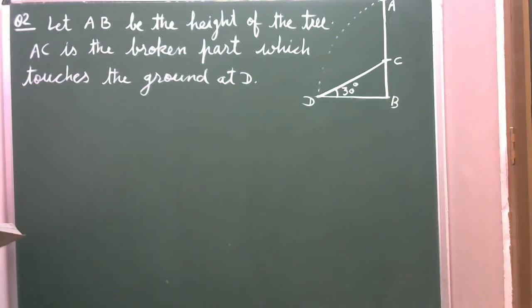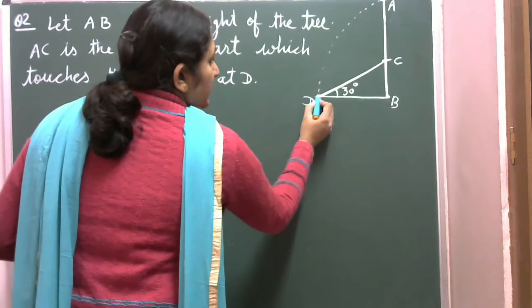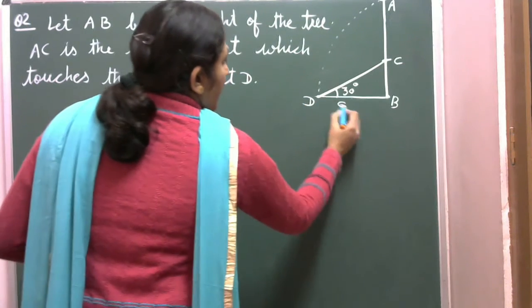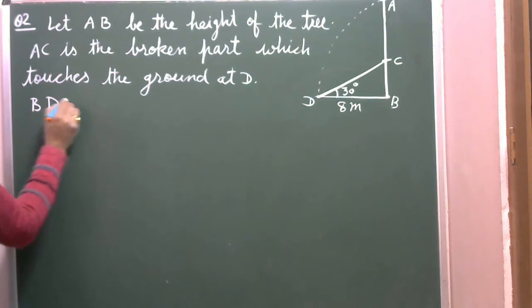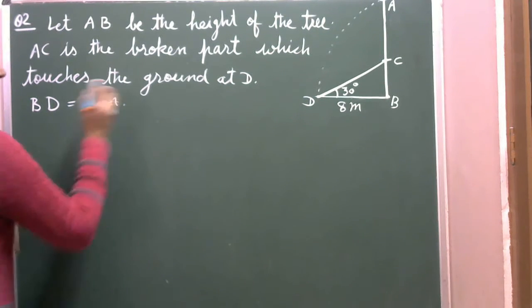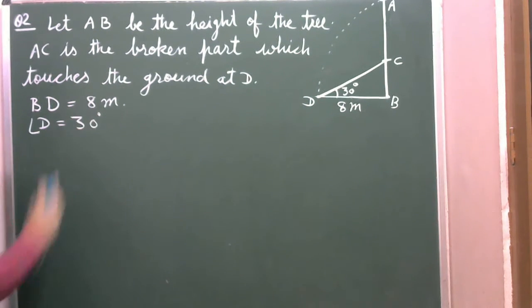The distance between the foot of the tree and the point where the top touches the ground is 8 meters. This is the foot of the tree B, and this is the point which touches the ground, and the distance BD is equal to 8 meters, angle D is 30 degrees. Find the height of the tree.